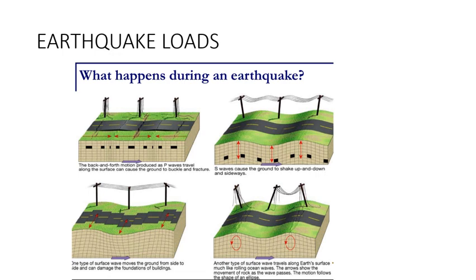So when you consider the second and the fourth figure, in the second figure you have only vertical movement, whereas in the fourth image you have this ocean type of waves hitting your surface. May God save all human beings from this type of waves and this type of energy release from the earth.